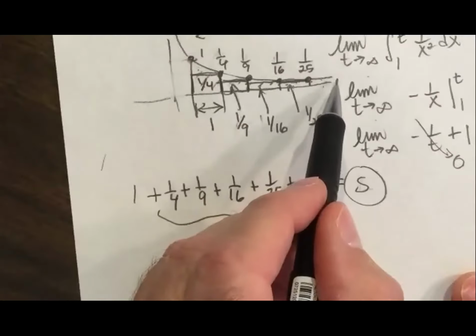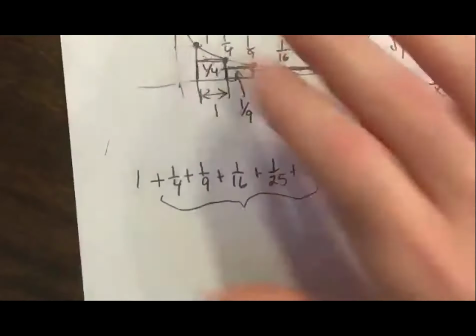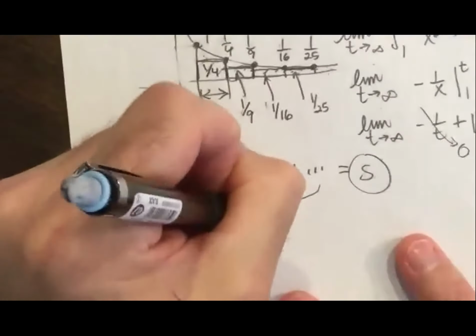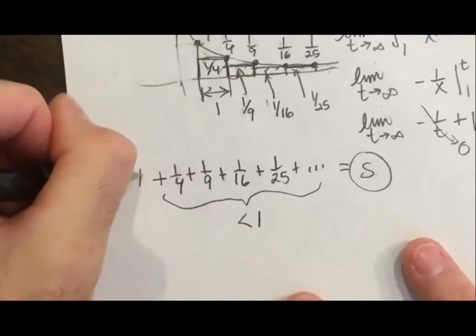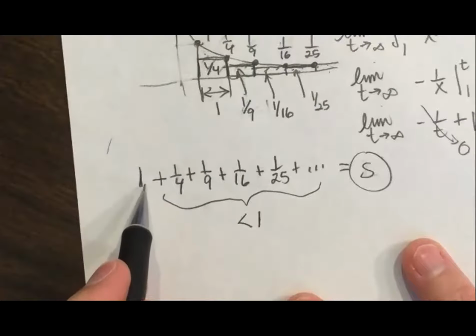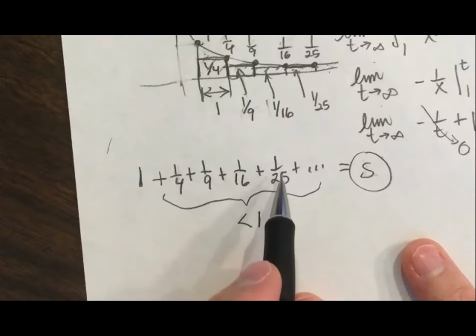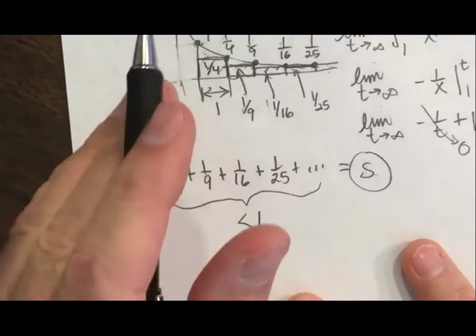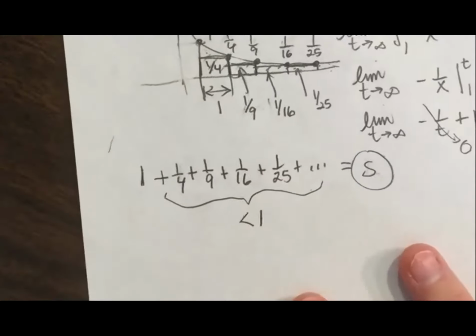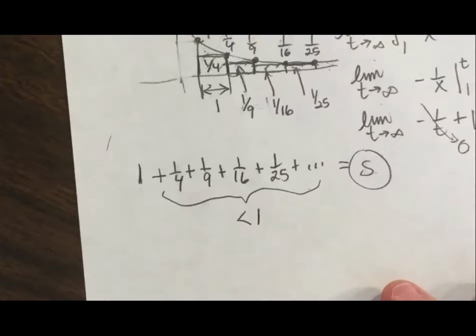This part right here has to be less than 1. And then I would add this 1 to it, so this big sum has to be less than 2. I don't know what number it is, but I know it has a number and I know it's less than 2.